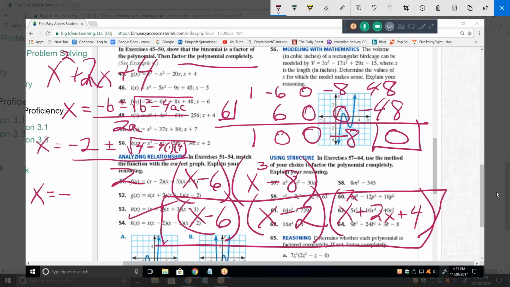So it's minus 2 plus or minus the square root of, excuse me, minus 12. 4 minus 16 is minus 12. So it's the square root of minus 12.